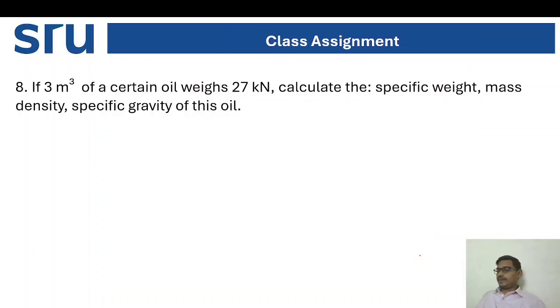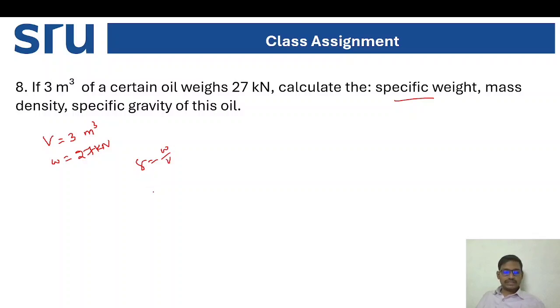In a similar way, try to attempt one more question. Volume they have given as 3 meter cube and weight they have given as 27 kilonewtons. So the same thing: specific weight gamma equal to W by V. Try this one.